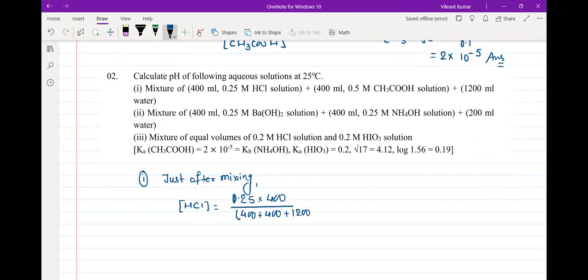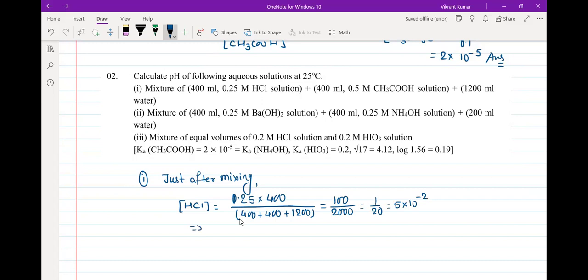And that's why this is the final molarity after mixing. Now if you calculate it, it is 100 upon 2000, so this is 1 by 20, which can be written as 5 into 10 raised to minus 2.